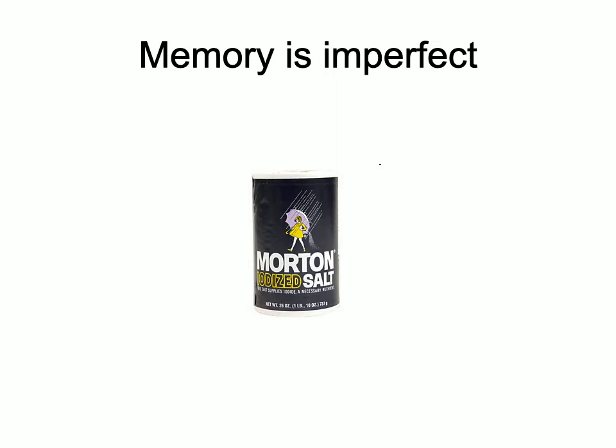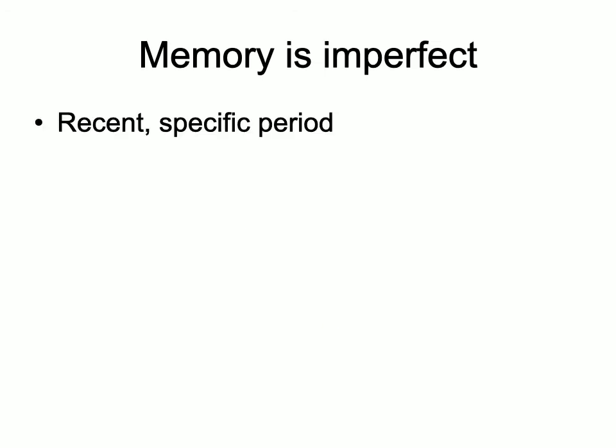And so, for something like salt, where it's a small item and the purchases are infrequent, it's much better to ask about a recent specific period. And in general, it's better to ask about a recent specific period, whether it is purchasing, behavior, studying, spending, exercising.